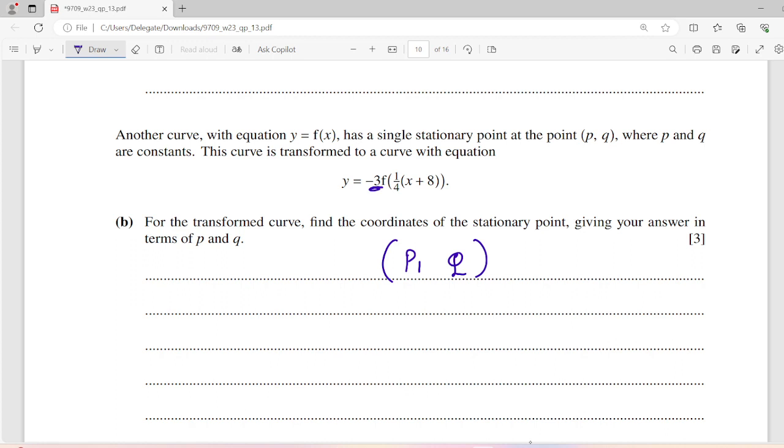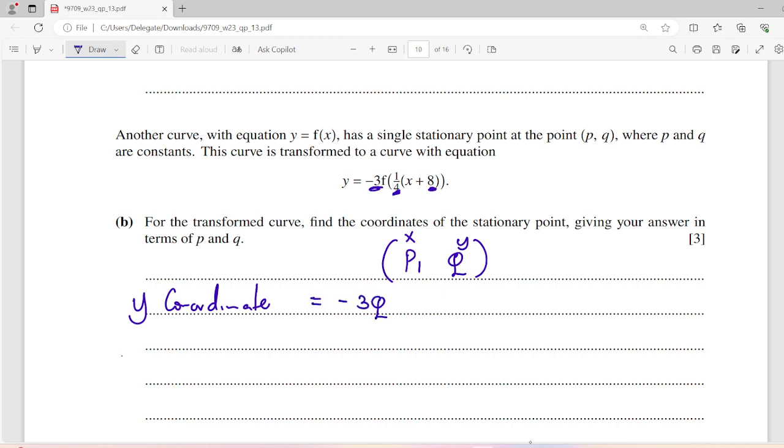I'm seeing -3, and it means there's a stretch factor of 3 parallel to the y-axis, because this is the x, this is the y. The a quarter and the 8 only affect the x coordinate. So if I want the y coordinate, I look at the stretch factor of -3, which will end up becoming -3q.